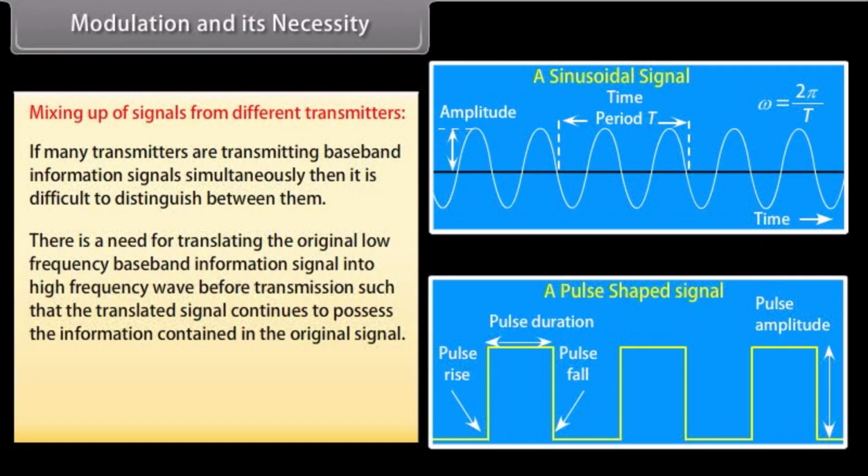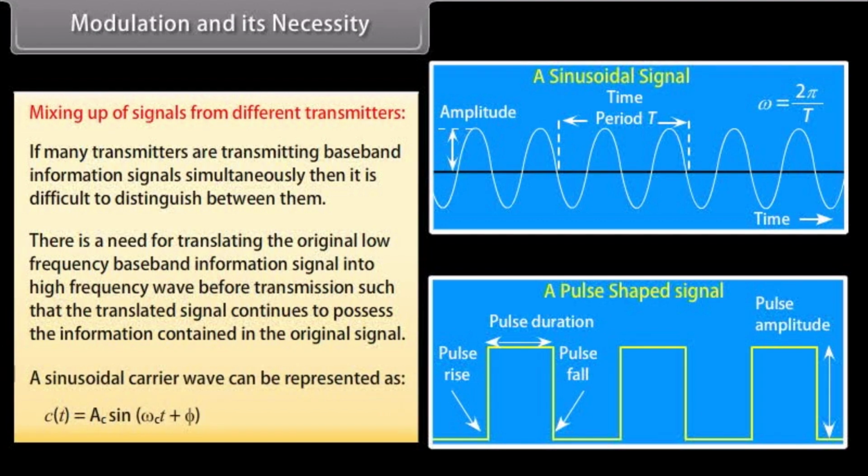There is a need for translating the original low-frequency baseband information signal into a high-frequency wave before transmission, such that the translated signal continues to possess the information contained in the original signal. A sinusoidal carrier wave can be represented as c(t) is equal to Ac sin(omega c t plus phi).